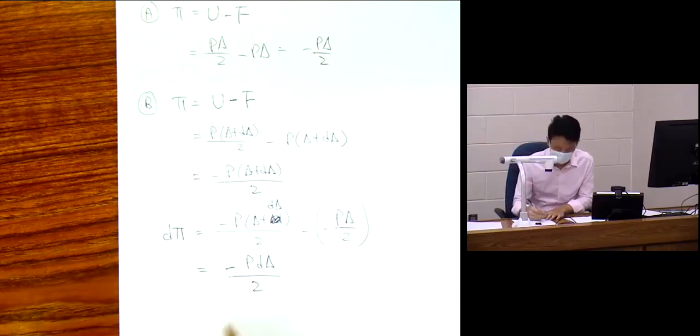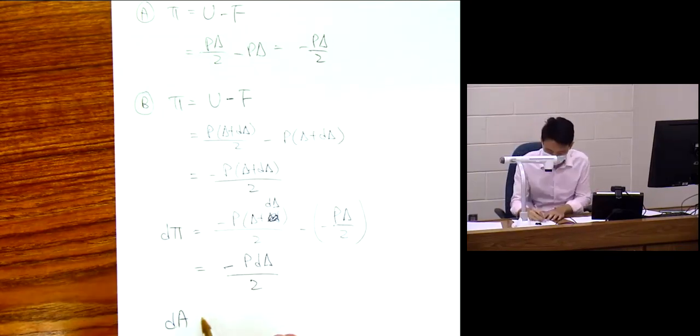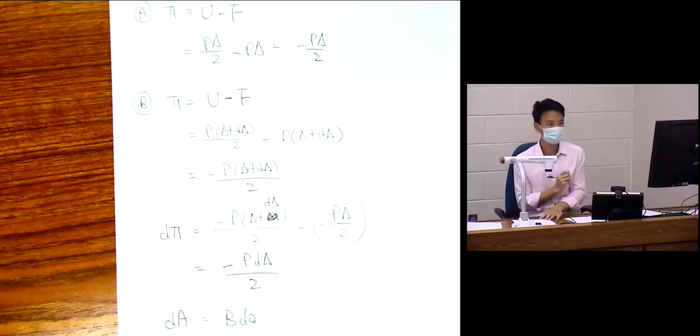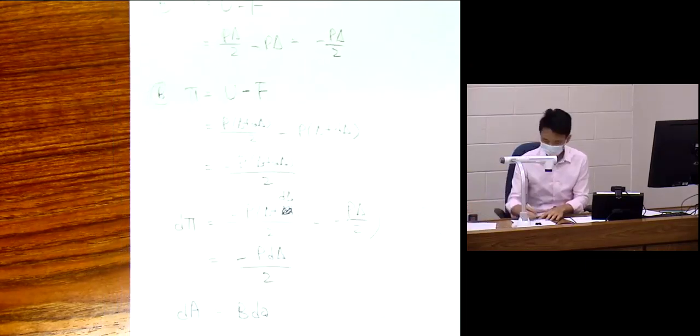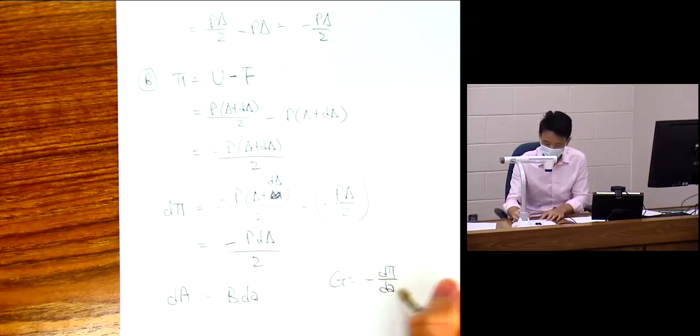Okay, now I just need to assemble, right? dA is just dA, right? dA is just the crack length, and the crack length is just the width of the crack times dA, right? Because this is the change in the area. The area goes from this to this. There's just a difference. Right? Let's put them together. G is minus d pi over dA.